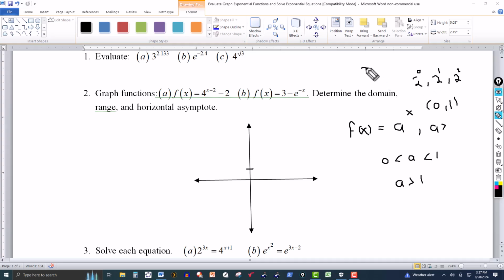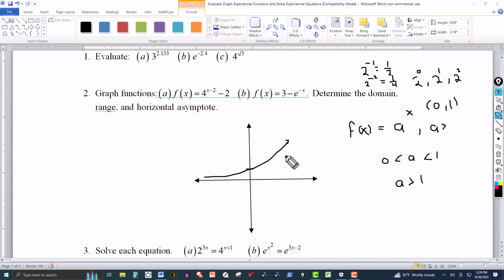If we go the other way, on the negative side, 2 to the negative 1 is 1/2, and 2 to the negative 2 is 1/4. So as we go through the negative side, the value of the function decreases toward 0. Basically this graph approaches the x-axis, then crosses at the point 0, 1, and then it rises.